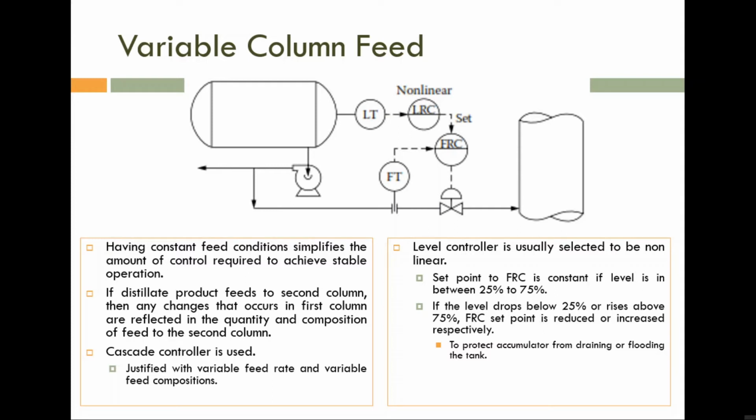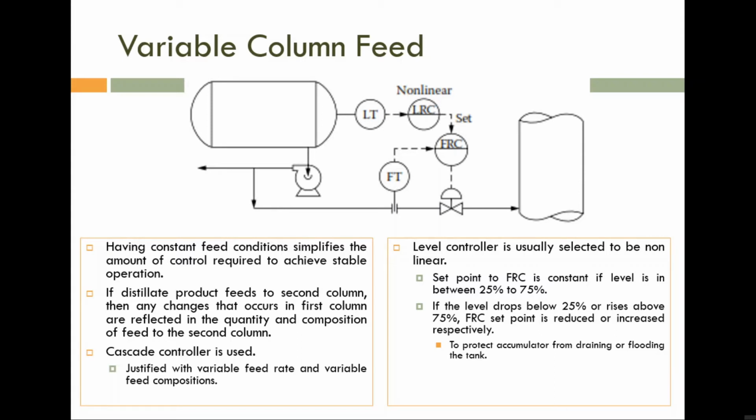But in a cascade controller, the variable that is affected by the disturbance... We have the controlled variable and the manipulating variable. If the manipulating variable is directly affected by the disturbance, then we are using a cascade controller. Okay, so if you are controlling level, definitely we have to manipulate the flow rate.